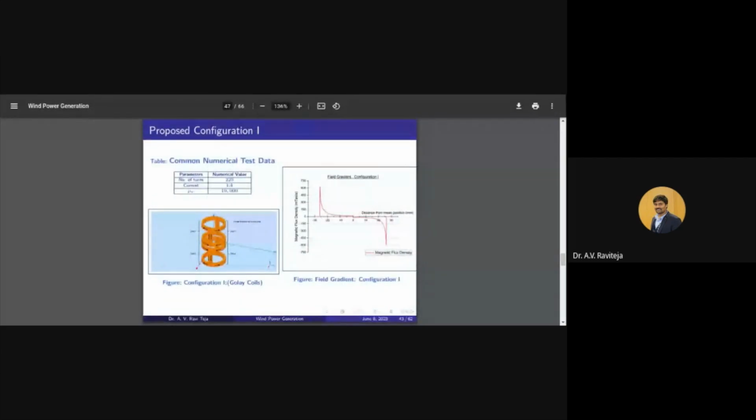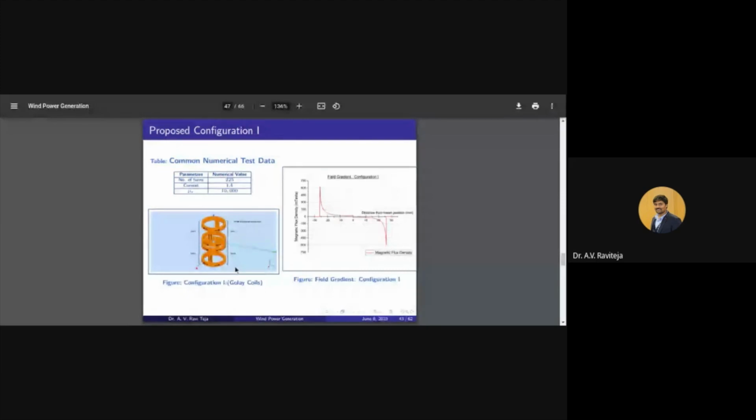So for this we tried... Here at the center, I want maximum flux change. If I have that, then it will generate more voltage.